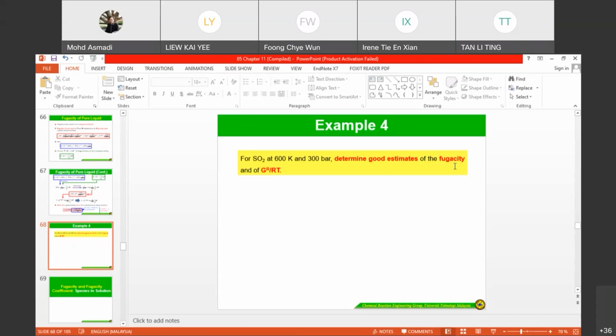Lee-Kessler correlation. Okay. Since this is high pressure, you can use Lee-Kessler. So what you have to do is, temperature 600, pressure 300. Please determine TC and also omega.